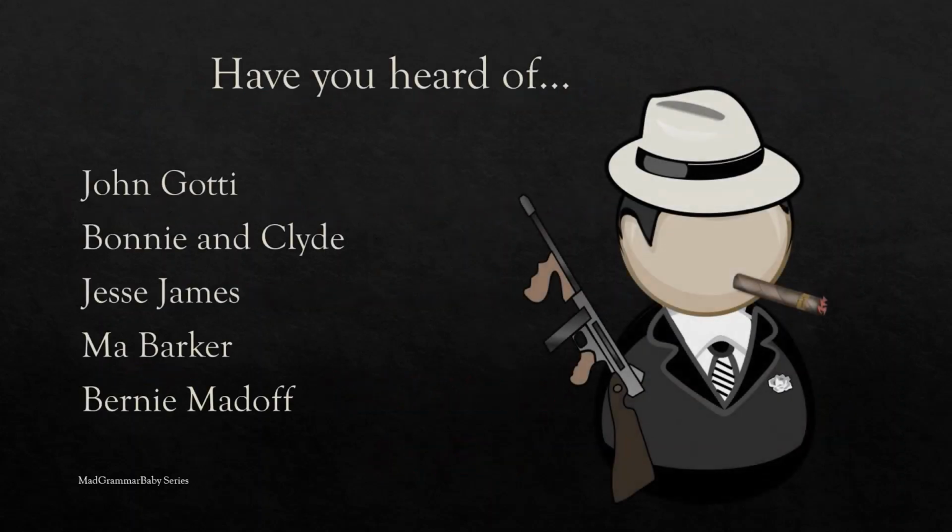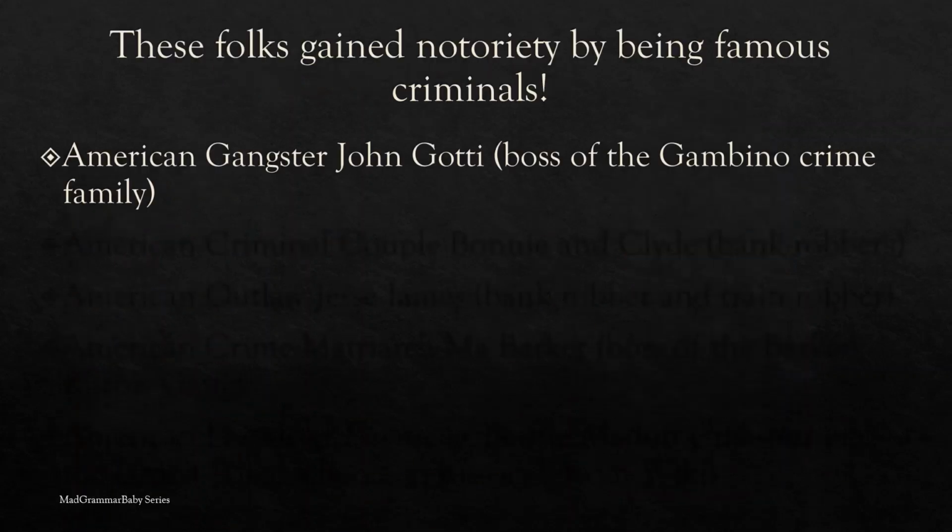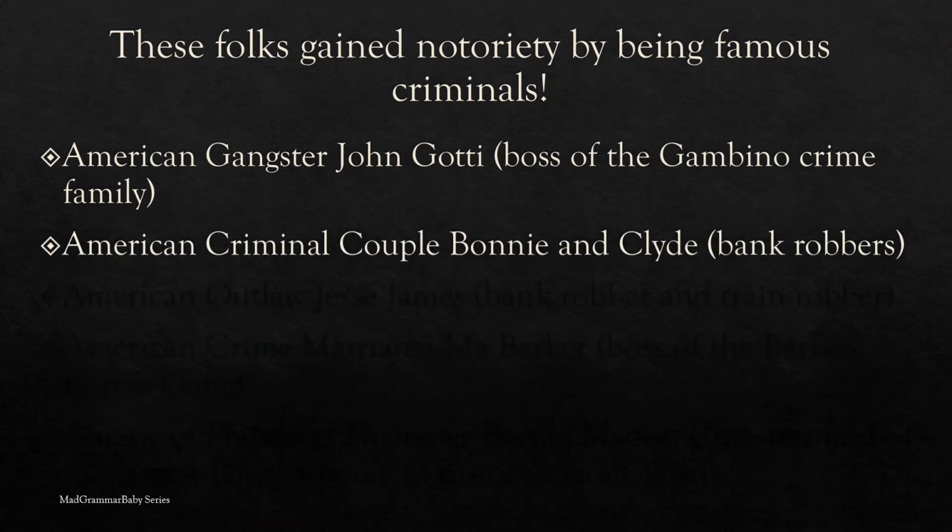Hey, have you heard of John Gotti, Bonnie and Clyde, Jesse James, Ma Barker, Bernie Madoff? These folks gained notoriety by being famous criminals. American gangster John Gotti was the boss of the Gambino crime family. American criminal couple Bonnie and Clyde were bank robbers.